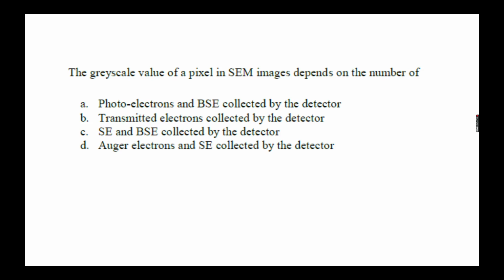Option C, sir. Somebody said something else also, or both are saying it's C. C, okay. And anybody else who has something different?